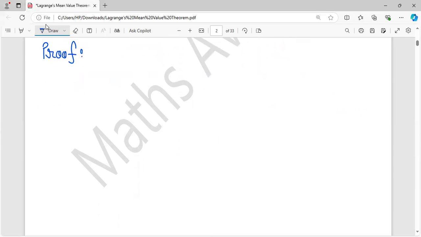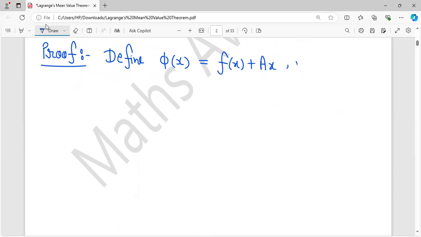Proof. So define phi(x) is equal to f(x) plus A times x, where A is a constant.